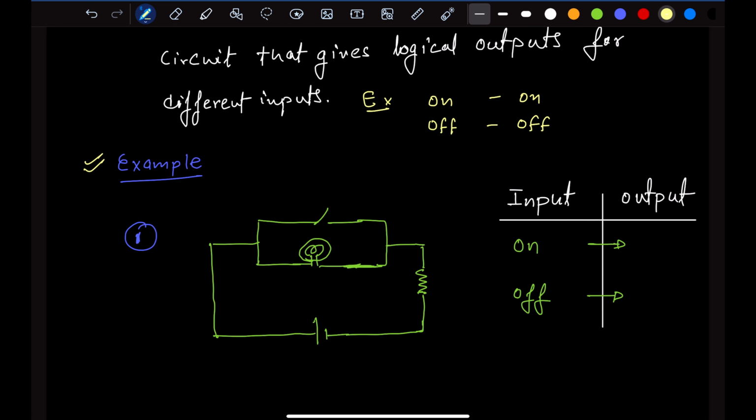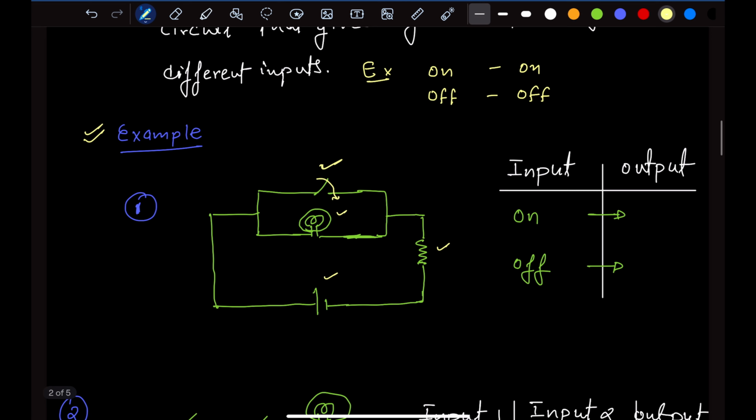So here I have taken a battery, and a bulb is connected to the battery, right? And there is a switch connected to it, and there is one resistance. Now the input is on, it means this switch is closed, okay.